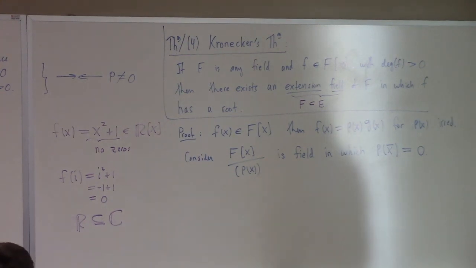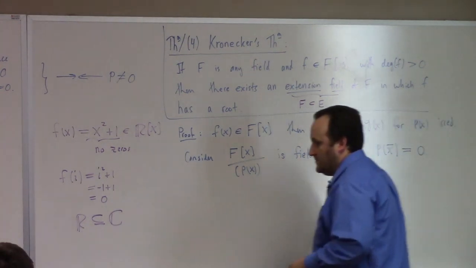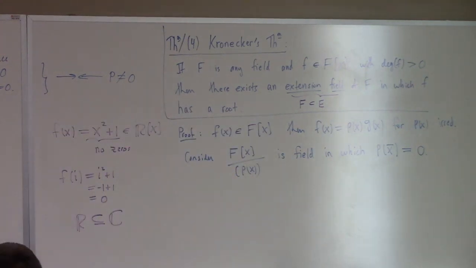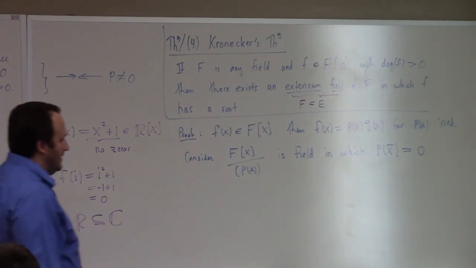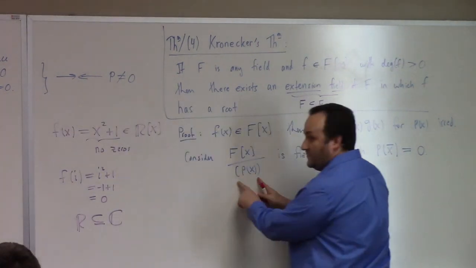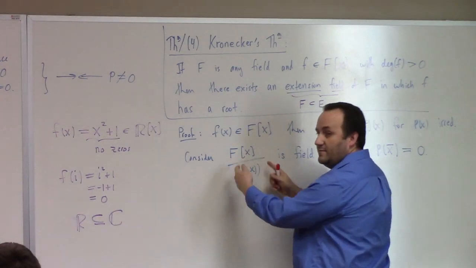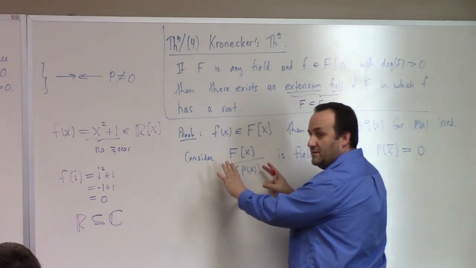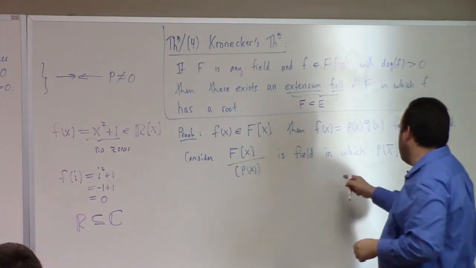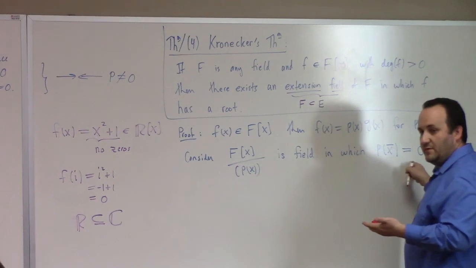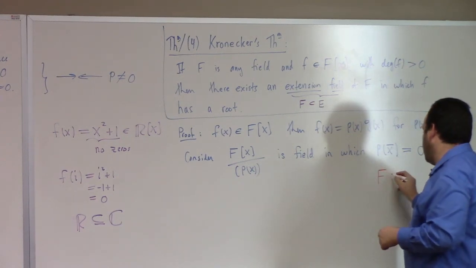Maybe I have to write some more to make it completely clear, but as usual, out of time. Why is this a field? Because p is irreducible, hence maximal. We have an integral domain mod a maximal ideal. This is a field, and it's a field in which p is 0, but it's also a field in which F is naturally a subfield.